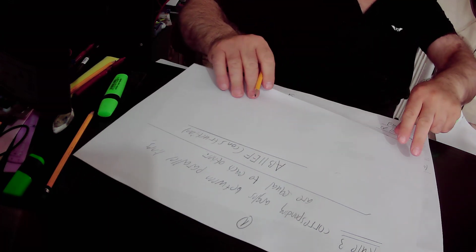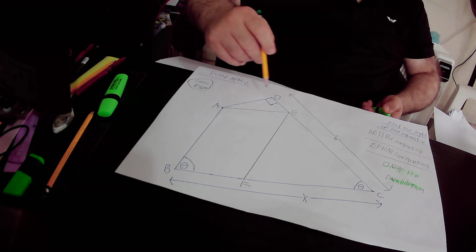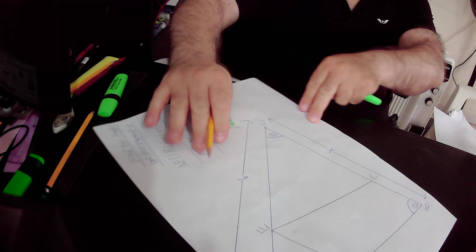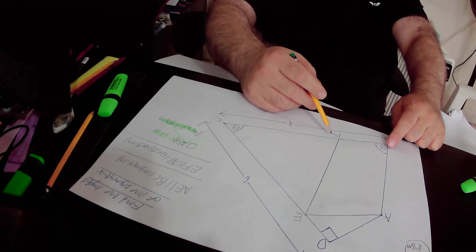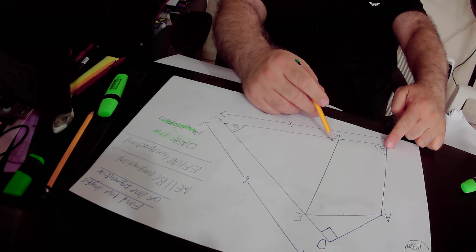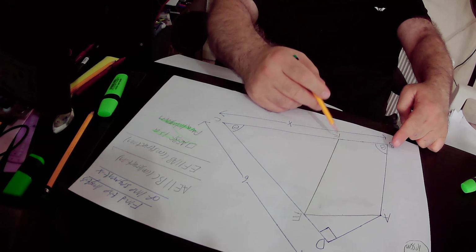Therefore, because side AB is parallel to side EF, those two angles are defined as corresponding angles, and they are located between the parallel lines AB and EF.